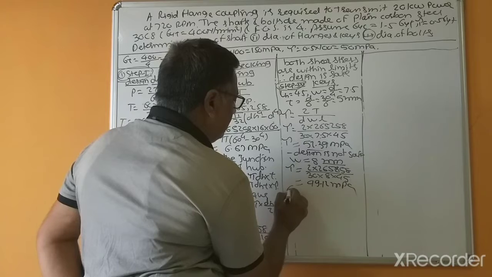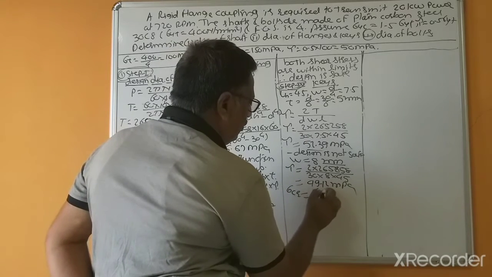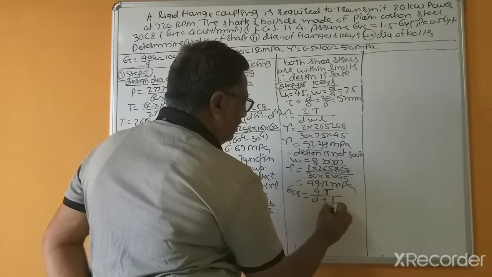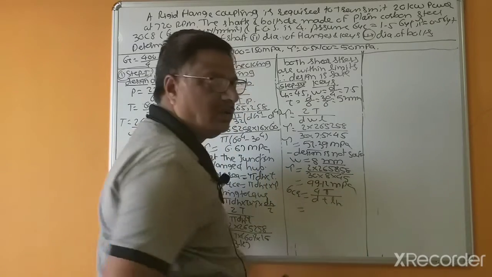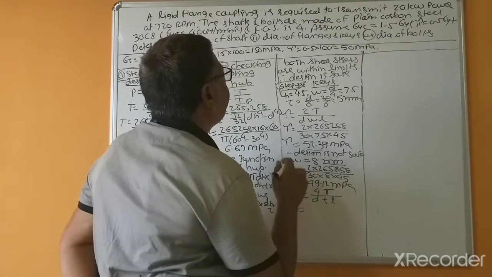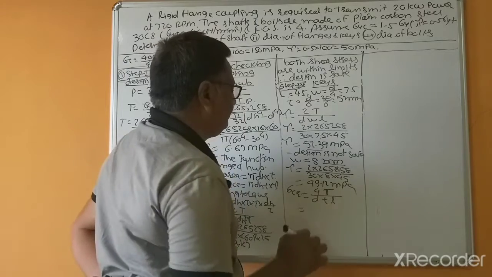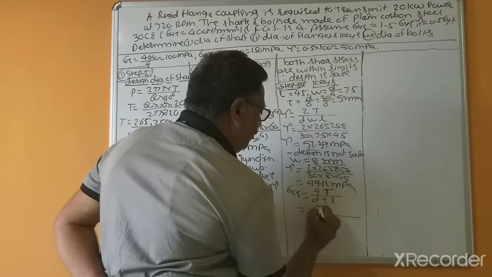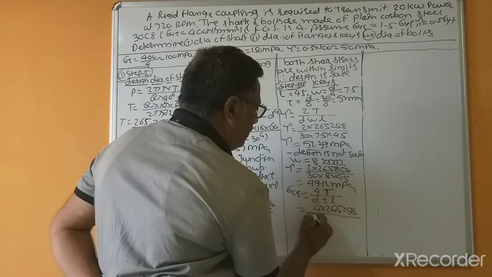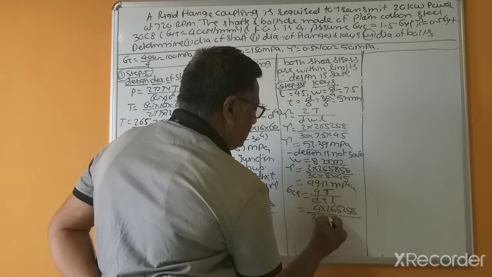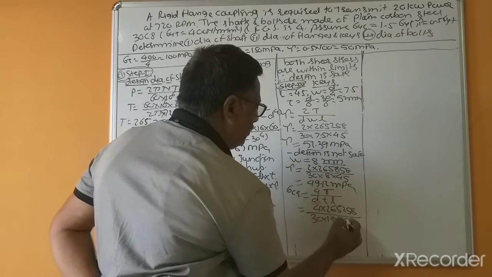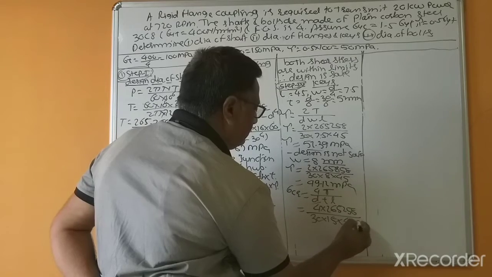And similarly, crushing stress equal to 4T divided by D, t small, and length, this is the length above the key, that is length equal to L. 4 into 265,258, D equal to 30, and this is 15, length equal to 45.